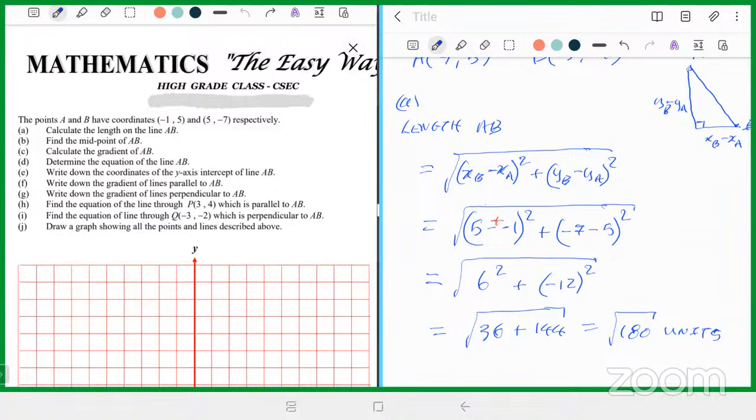When you calculate the length of something, it must have a unit. Centimeters, meters, feet, inches, something. In coordinate geometry, the unit of measurement is the units. And so if you calculate an area in coordinate geometry, you're going to say units squared. If you calculate volume in coordinate geometry, you're going to say units cubed.